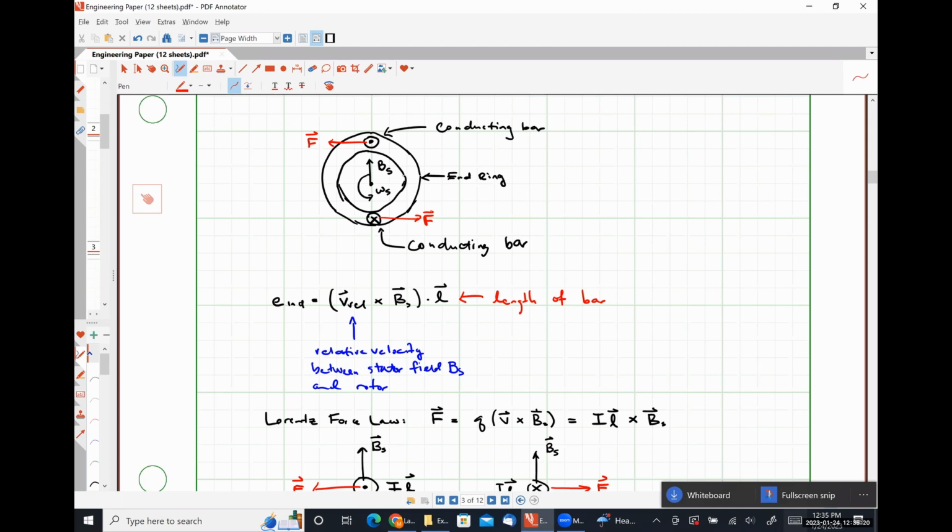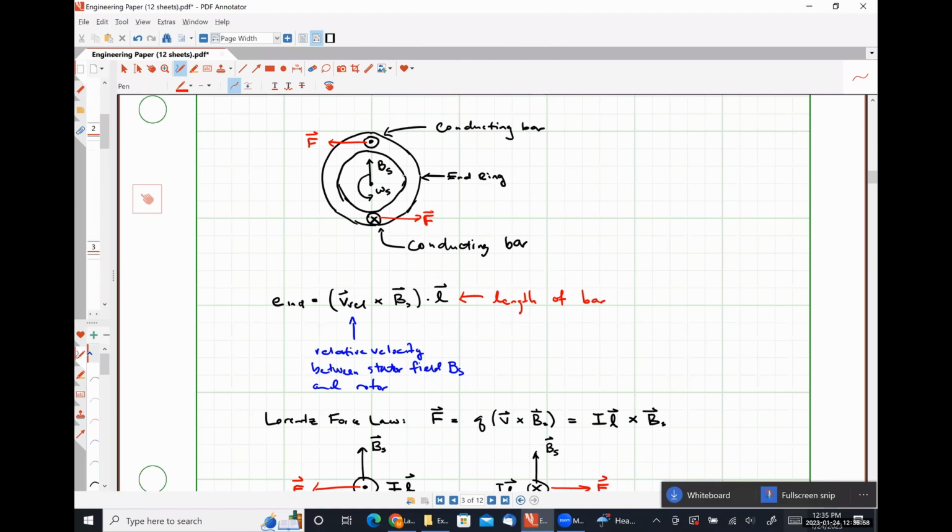Because these forces are in opposite directions, they are going to cause the rotor to start spinning, and the rotor is going to spin in the same direction as our rotating magnetic field. So effectively, the rotor is just constantly trying to catch up to the stator's magnetic field so that it can maintain a constant amount of flux passing through that loop. That's all the rotor is doing. It's just spinning as fast as it can possibly spin in order to catch up and keep that flux constant.